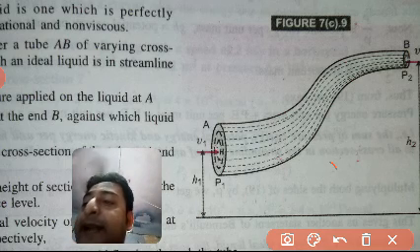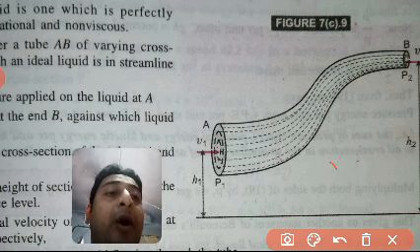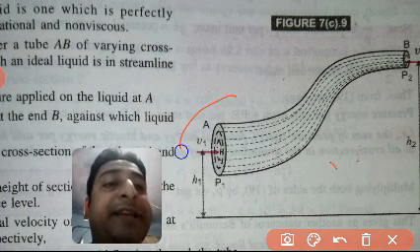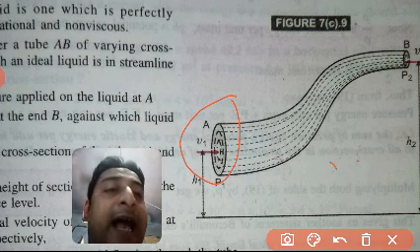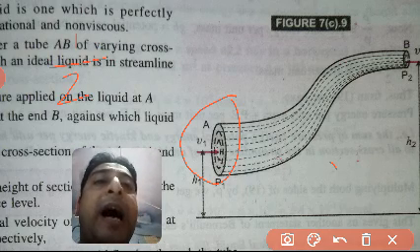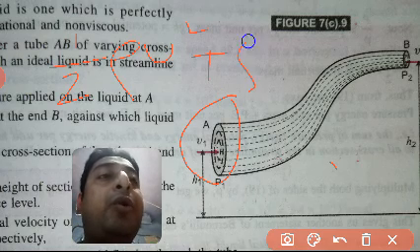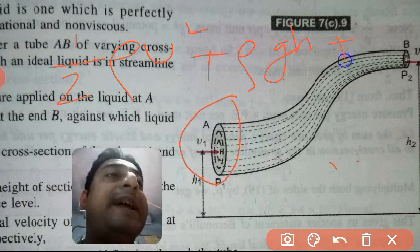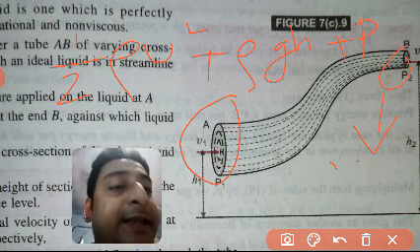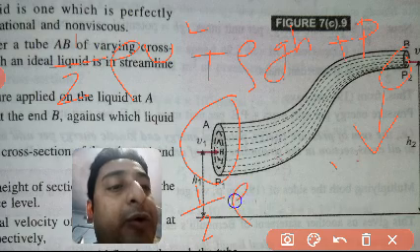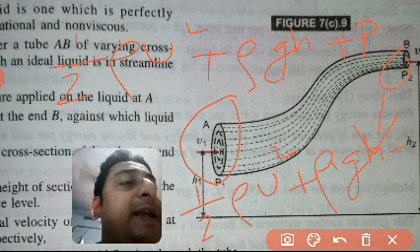So when the fluid is entering from this portion, it has total energy half rho v square plus rho gh plus p, and here also the total energy is half rho v square plus rho gh plus p.